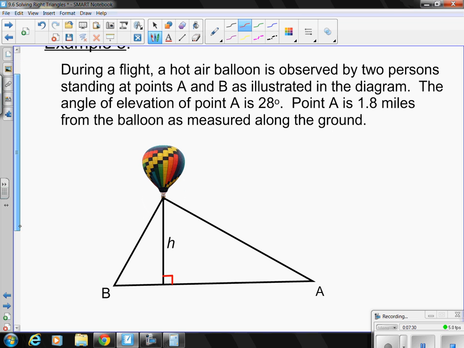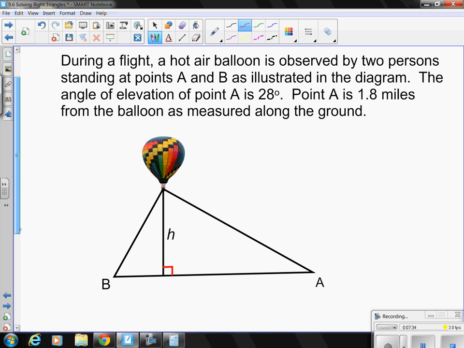Alright, so now, last example here. During a flight, a hot air balloon is observed by 2 people standing at points A and B. The angle of elevation from point A was 28 degrees. Point A is 1.8 miles from the balloon as measured along the ground. So from here to here was 1.8 miles.